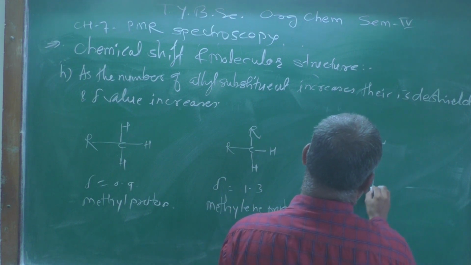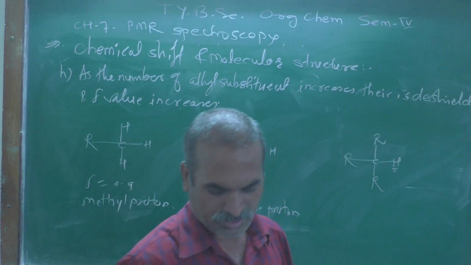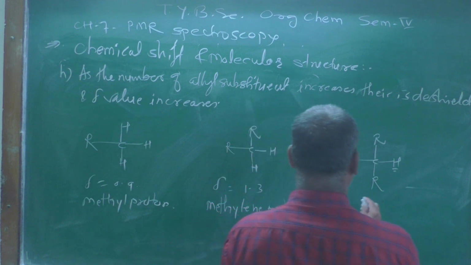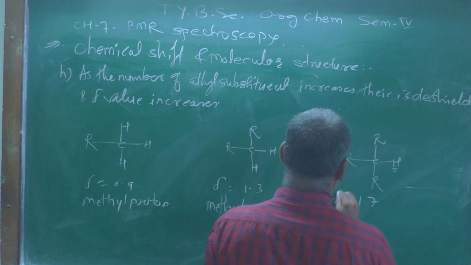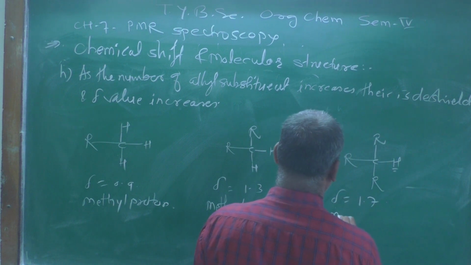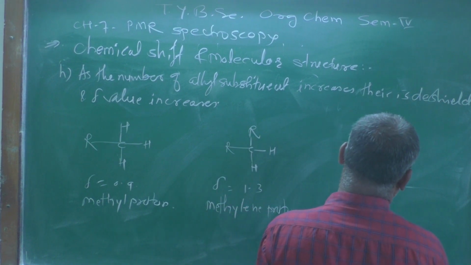Go on adding an R group, there is one hydrogen atom, and this is known as a methine proton. Again adding 0.4, you will get a 1.7 delta value, and this is known as a methine proton.